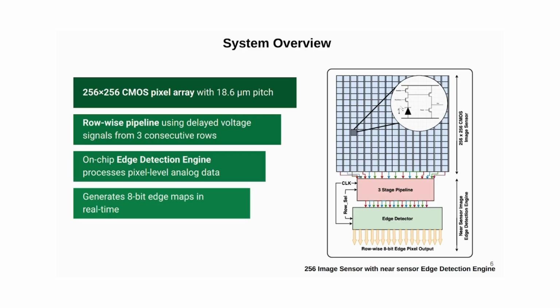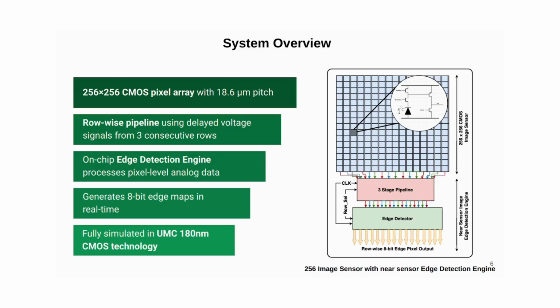This is crucial because the 3x3 edge detection kernel needs access to 3 rows simultaneously, something normal sensors cannot do. After synchronization, the edge detection engine computes an 8-bit edge intensity for every pixel. The full system works entirely in hardware and delivers edge frames in real time.